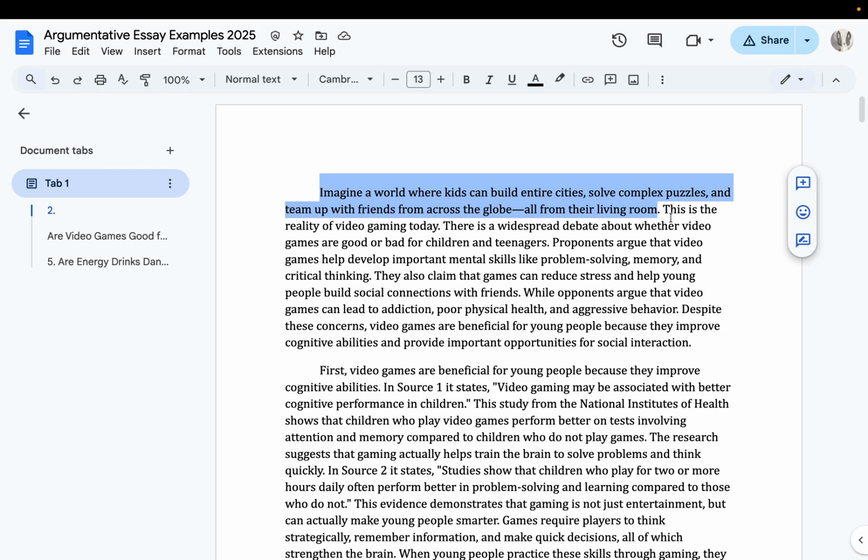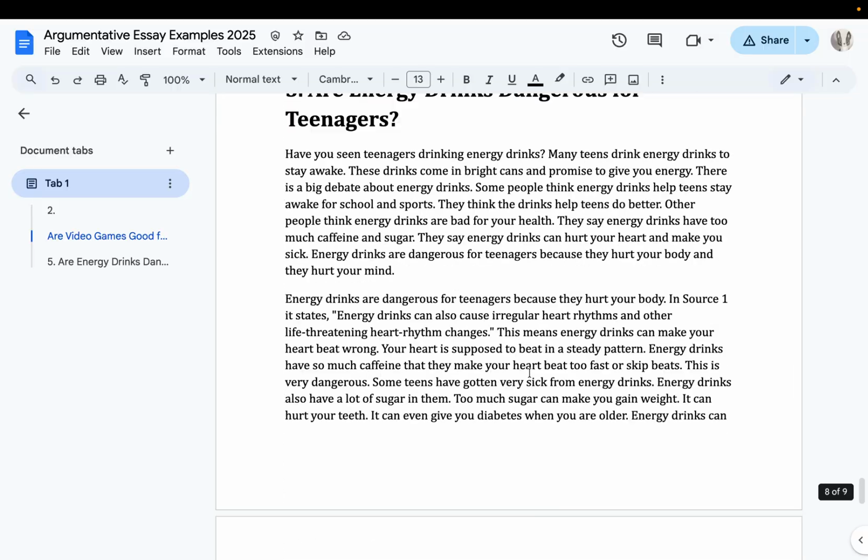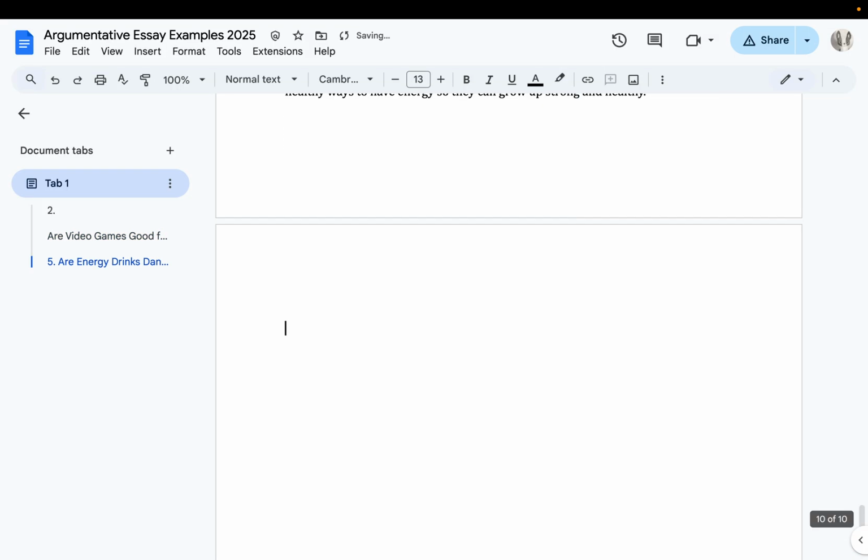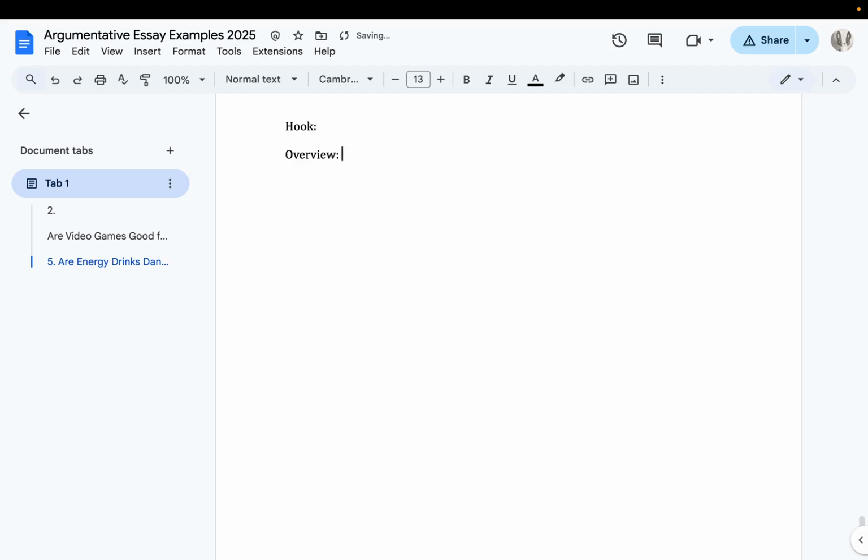One thing that I recommend if you're struggling with the overview is simply do something like this. I'll go down here. So you have your hook. For overview, if you're really struggling with the overview, the best thing to do is state something like this. There is an ongoing debate about whatever topic it is, right? For example, uniforms.